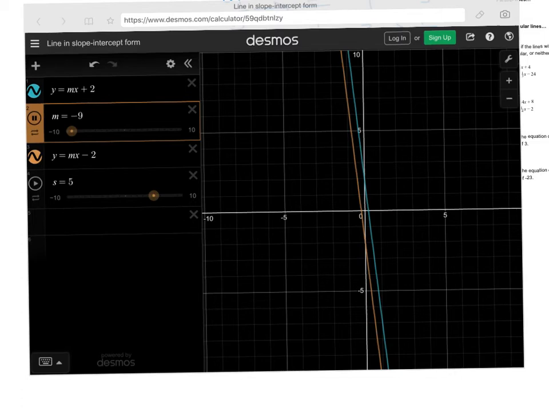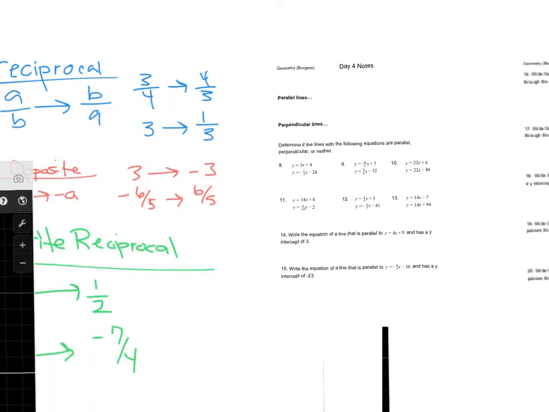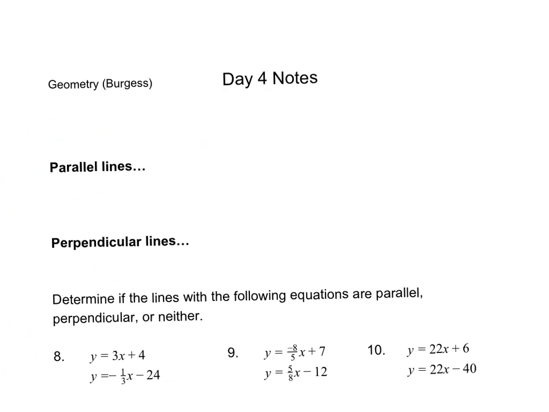All right, so if we go back to our notes. We found that parallel lines have the same slope.